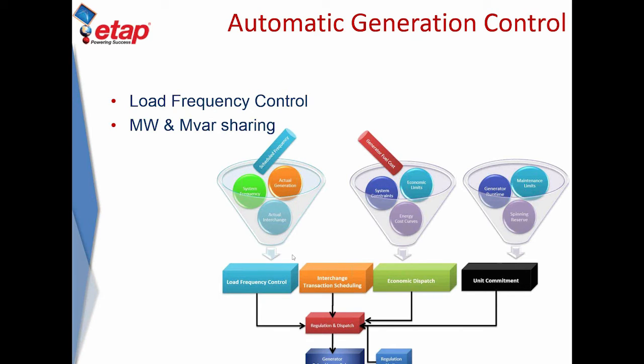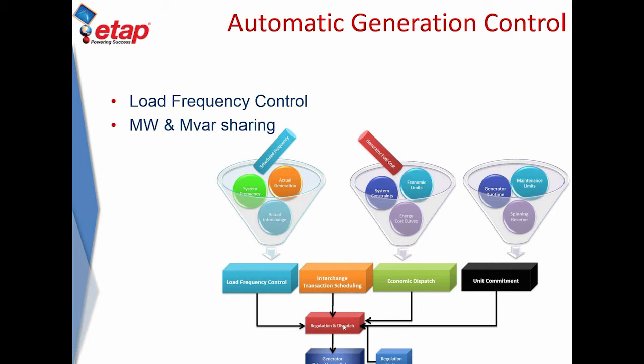So when we combine all of these four technologies, the frequency control, power exchange control, economics, and the ability to start and stop generators in the system, we come up with a final regulation or a dispatch in the system. And that is given to the operator to make sure he knows this is the most optimal solution for my network.